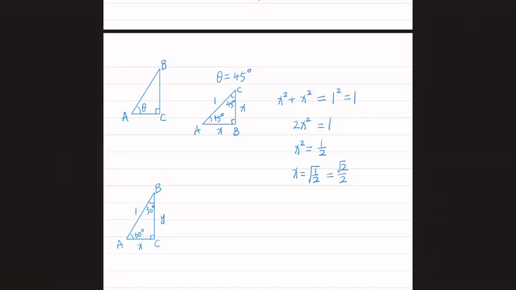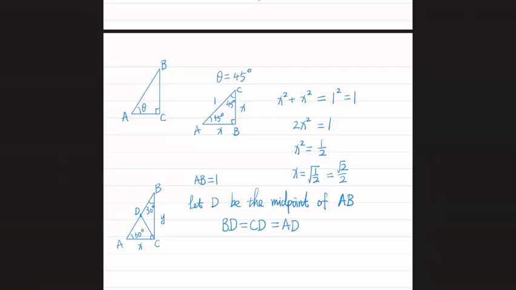To find the length, we will mark the midpoint D. And last time we checked, ED equals CD equals AD.